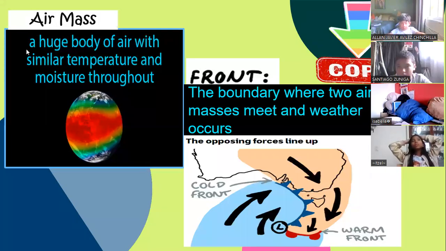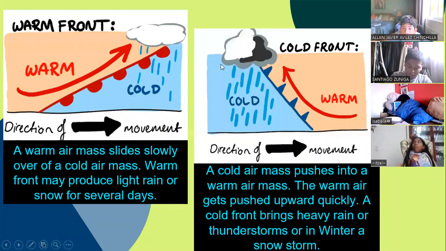So class, an air mass is a huge body of air with similar temperature and moisture throughout. Front, the boundary where two air masses meet, and weather occurs. The opposing forces line up, this one. This line is the front, because at this point, the two air masses meet. Copy the next two definitions.